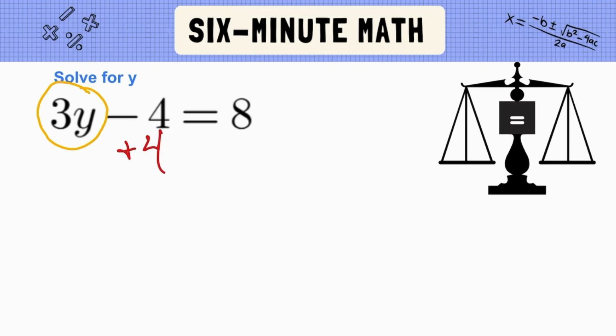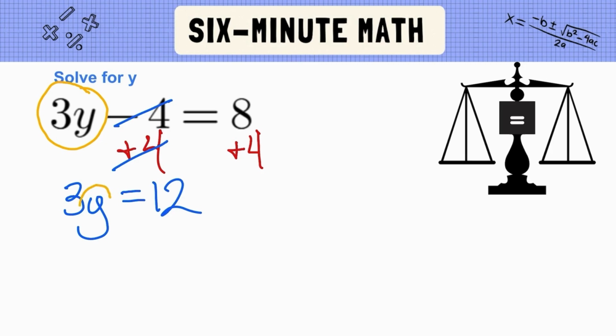But I need to maintain my balance by doing the same operation on both sides of the equal sign. I'm left with 3y. Negative 4, positive 4 cancel each other off. Equals 8 plus 4 is 12.